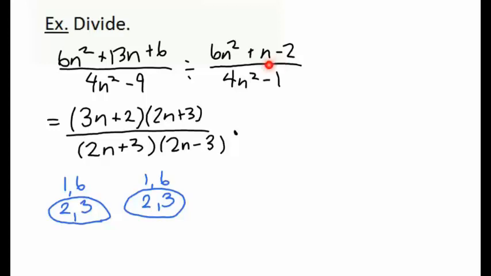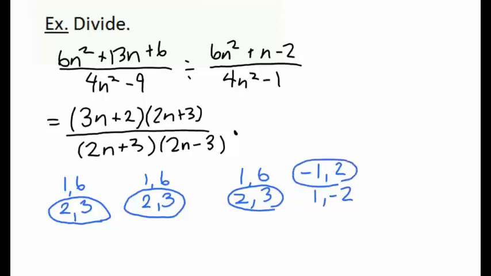Moving on to our second fraction, I'm going to again write down our factors and try to use trial factors to figure out how we're going to factor this particular quadratic expression. So for 6, we know we have 1, 6, 2, and 3. And for negative 2, we're going to have negative 1 and 2, or 1 and negative 2. In this case, it looks like we're going to use the following matchup.